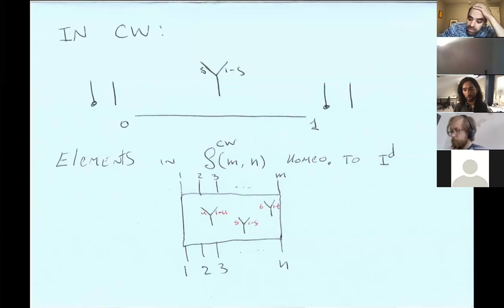Okay, and why is this not a problem in the algebraic context where you're looking at chains on cubical sets? So I think at that point you can map things to zero.